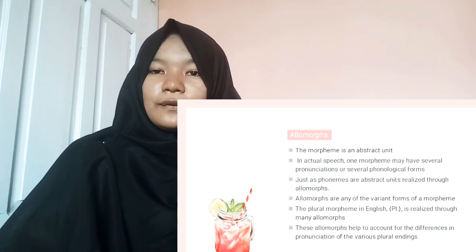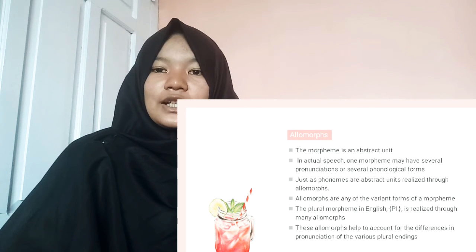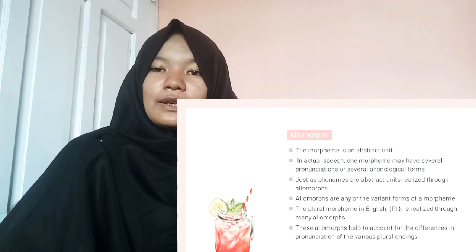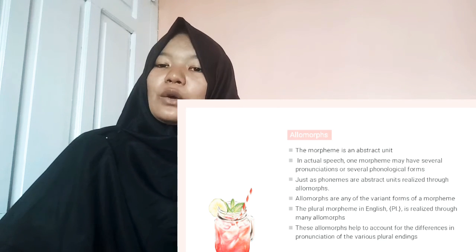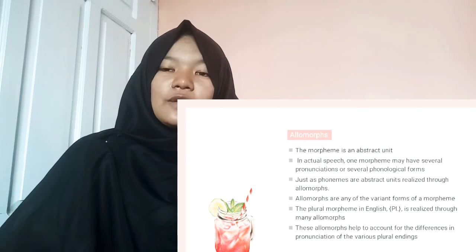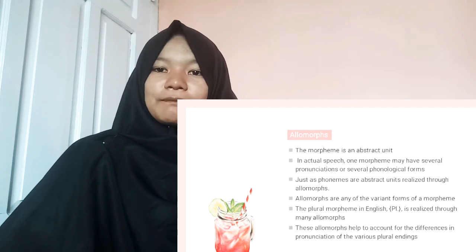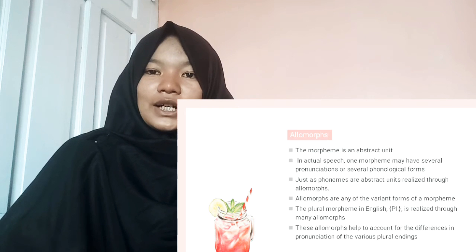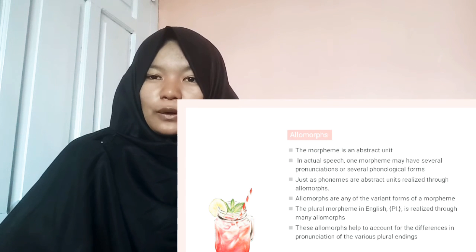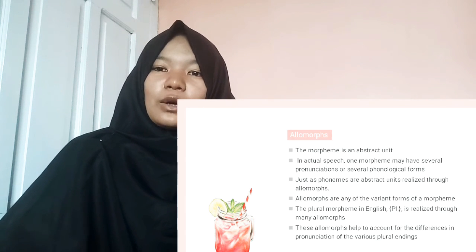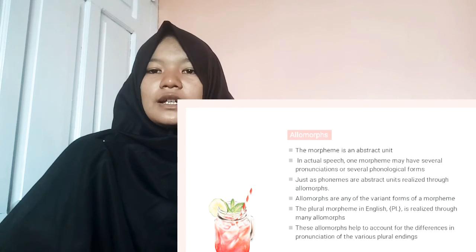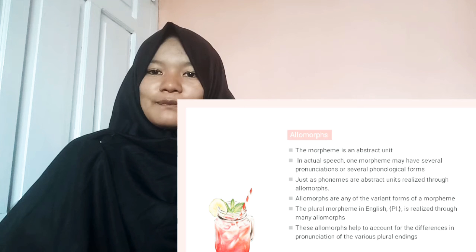Allomorph. The morpheme is an abstract unit. In actual speech, one morpheme may have several pronunciations or several phonological forms, just as phonemes are abstract units realized through allophones. Allomorphs are any of the variant forms of a morpheme.